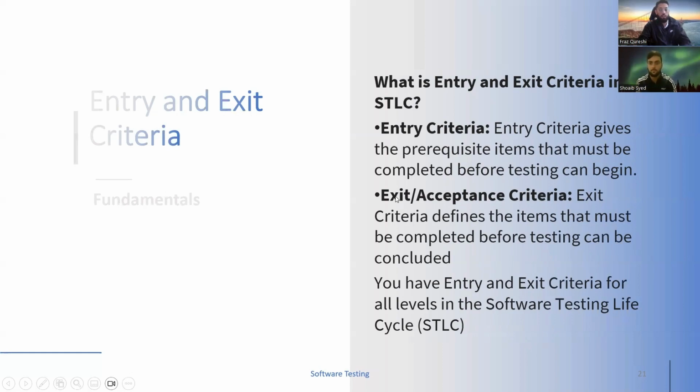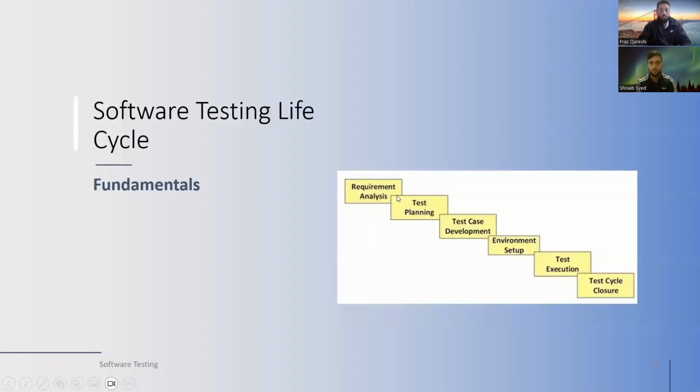Now, for the exit criteria, if we go back a second, these are the different phases. For example, to enter the requirement analysis stage, the entry criteria would be that I should have the requirements to analyze. Similarly, the exit criteria would be that I have analyzed all the requirements.